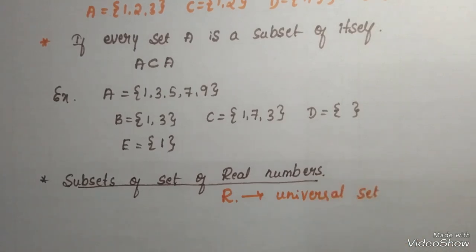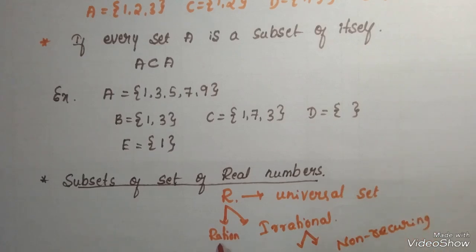Universal set means it contains many sets. For example, real numbers contain mainly rational numbers and irrational numbers. In irrational numbers there are two types: recurring and non-recurring.